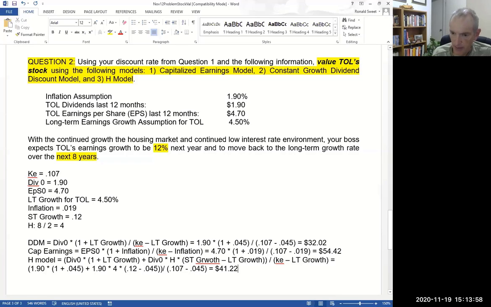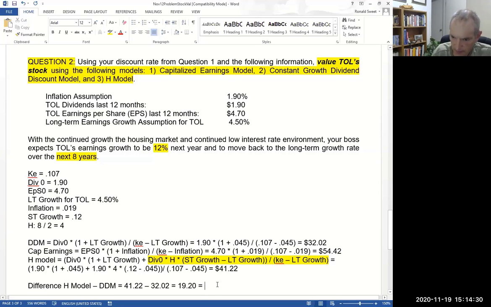And you can check the difference. The H model minus the dividend discount model equals 41.22 minus 33.02, or that's, oh man, it's my rounding off here. 19.20. You can just check that by taking this added section right here and calculating that, and that should give you the difference.